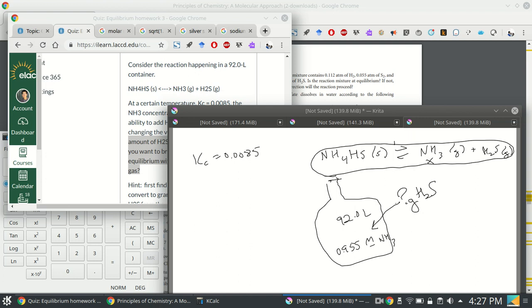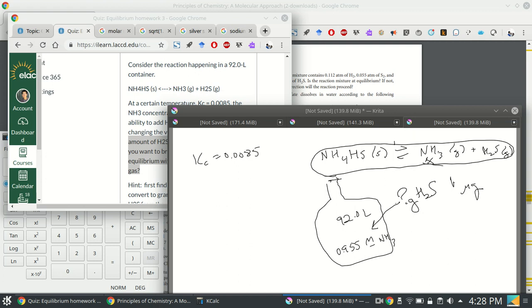The reason I say without any excess ammonia gas is because you could put any number of grams of hydrogen sulfide in here, and this system will come to equilibrium. You could put 1 gram of hydrogen sulfide in here, and it will come to equilibrium. Let me rephrase that. You could put 1 microgram of H2S gas in here, and this will come to equilibrium.